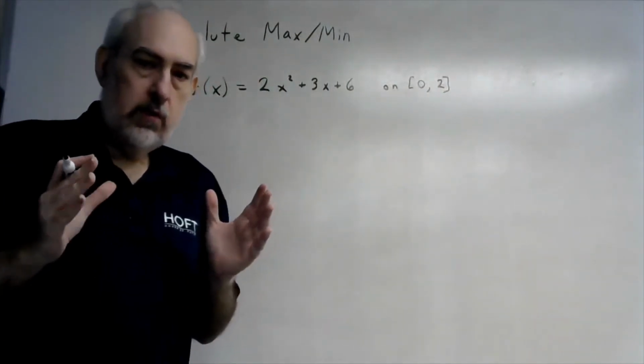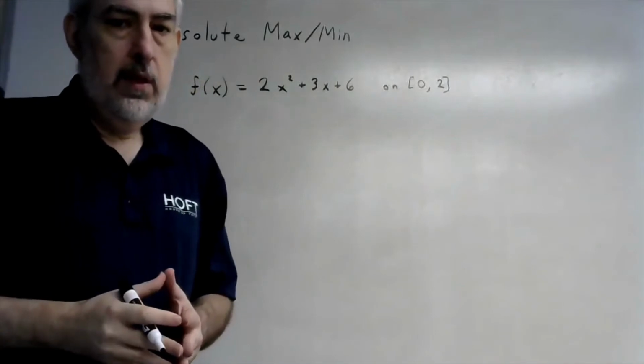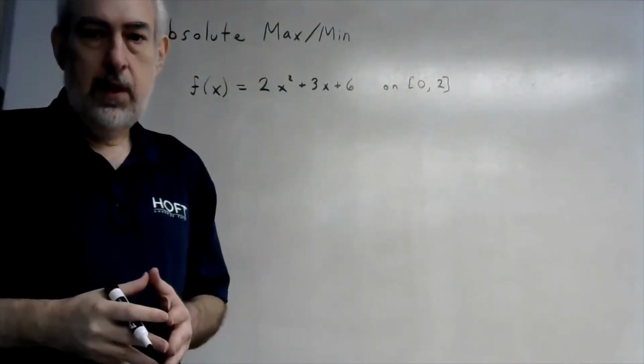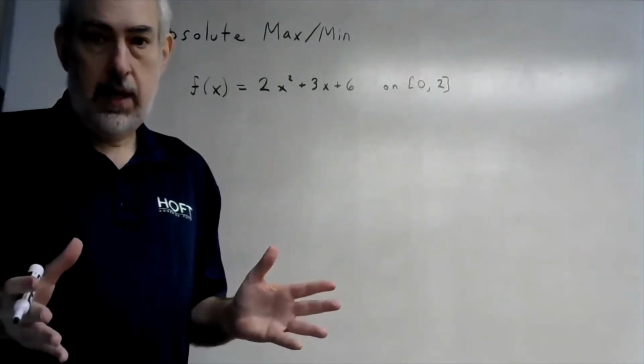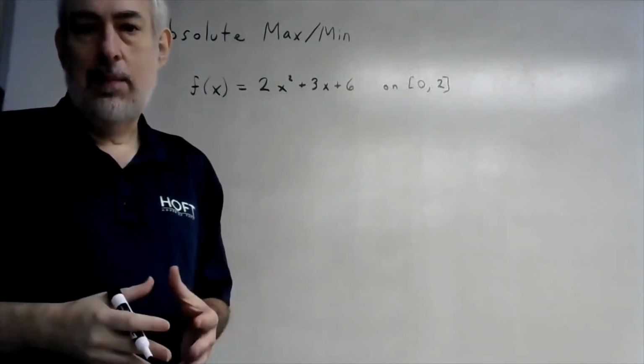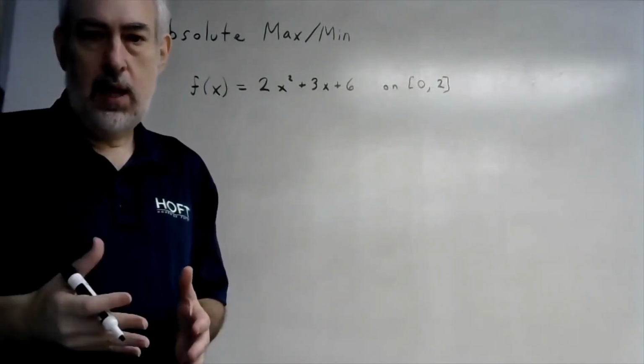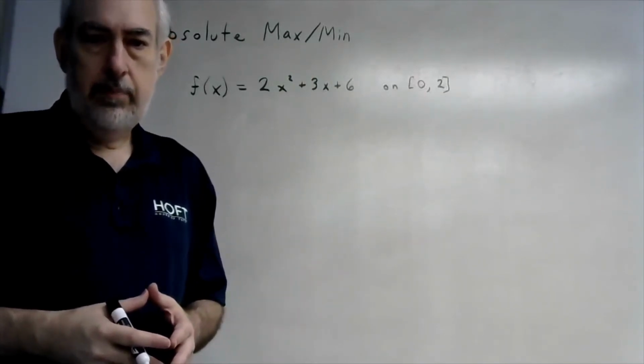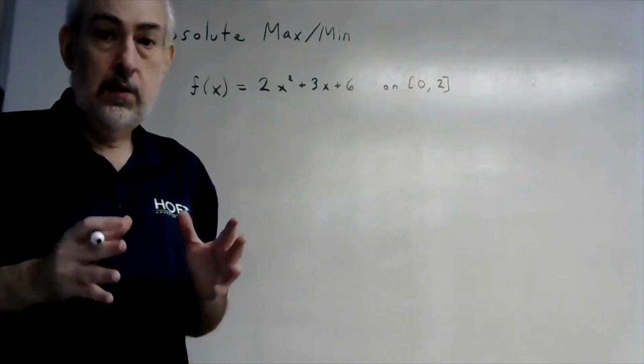Okay, so there's an important theorem that we can apply to absolute max and min problems. If the theorem doesn't apply, then finding the absolute max or min is much more complicated. You'll probably never see a problem where this theorem doesn't apply, but let me describe it.